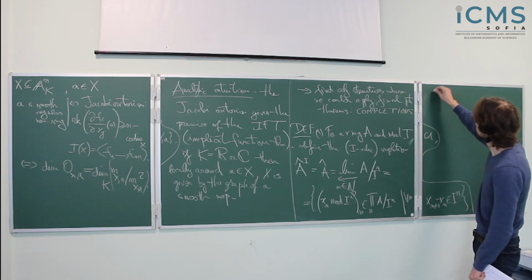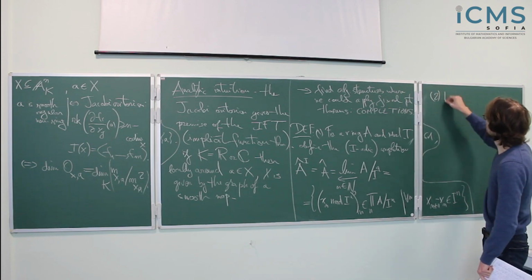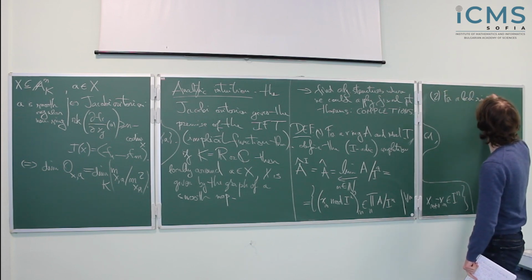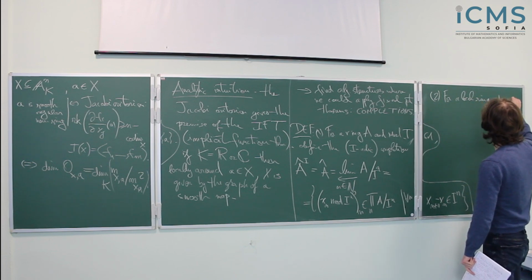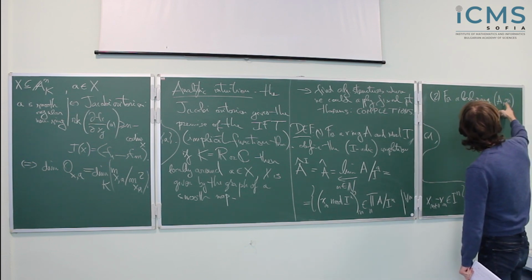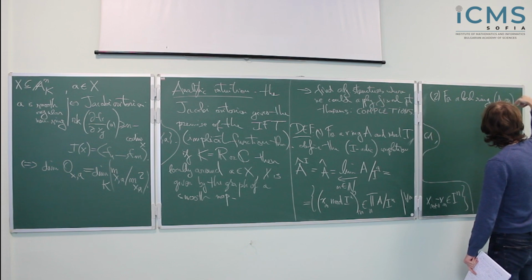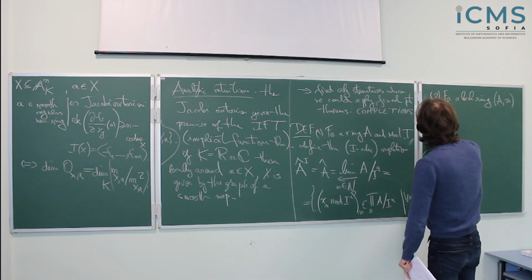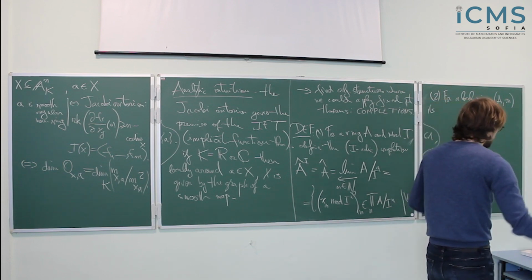If this looks a little bit too abstract, which I understand, I'll give an example later on. But for a local ring, usually the local ring is noted with the ring and its maximal ideal. Sometimes we even note the residue field.